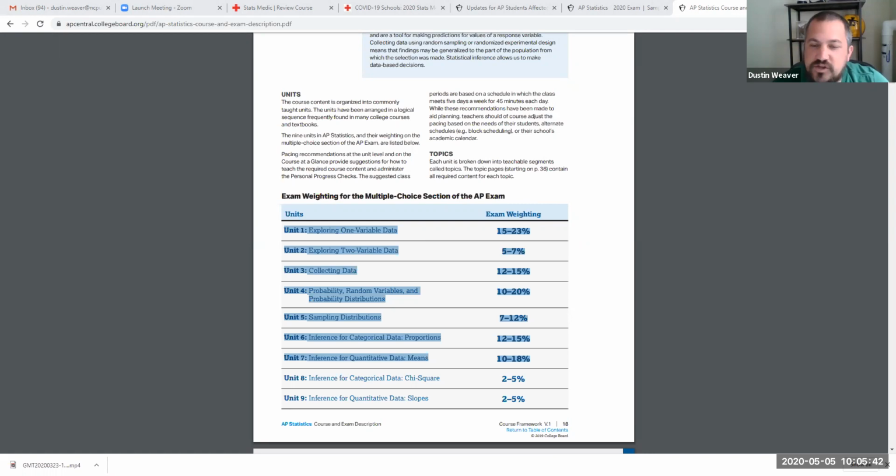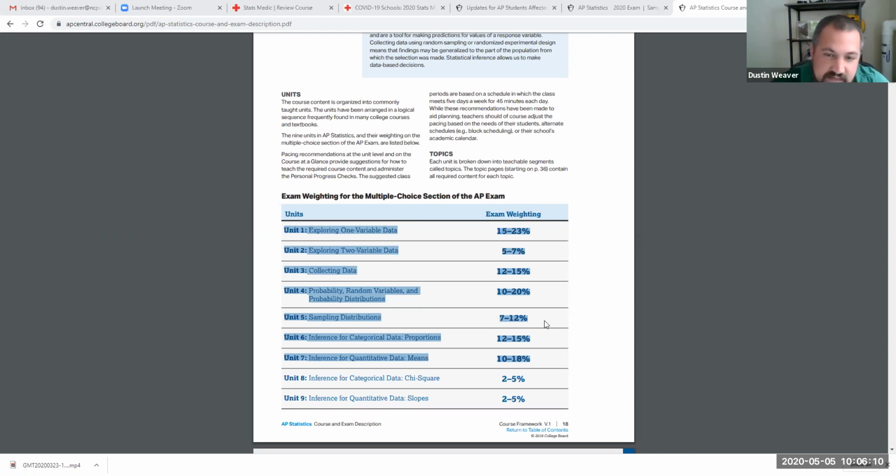But what you are going to see on the AP exam is the first 7 units: exploring 1 variable data, exploring 2 variable data, collecting data, the experiment part, probability, sampling distributions, and then the all-important inference, the confidence intervals and significance tests for proportions, and for means.